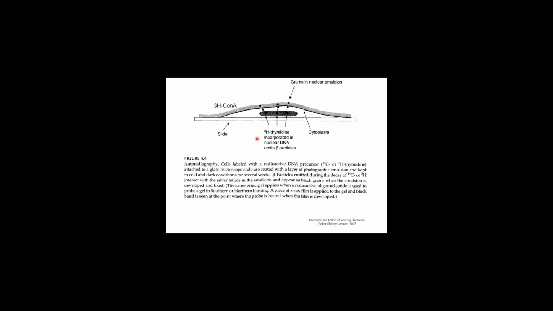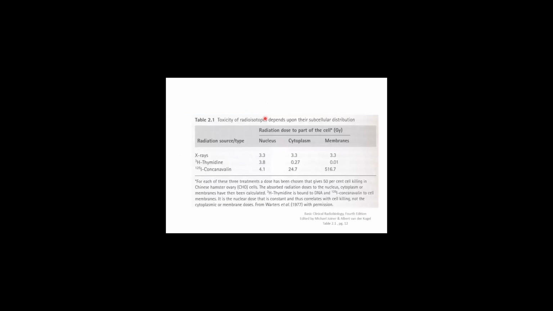They label the nucleus with tritiated thymidine, which is a beta emitter, or they used concanavalin A on the outside of the cell, and they asked which one gives better killing. Here are the data shown with the iodine, but the results are the same. If you get the nucleus, you get lots more killing than if you get only the cytoplasm.